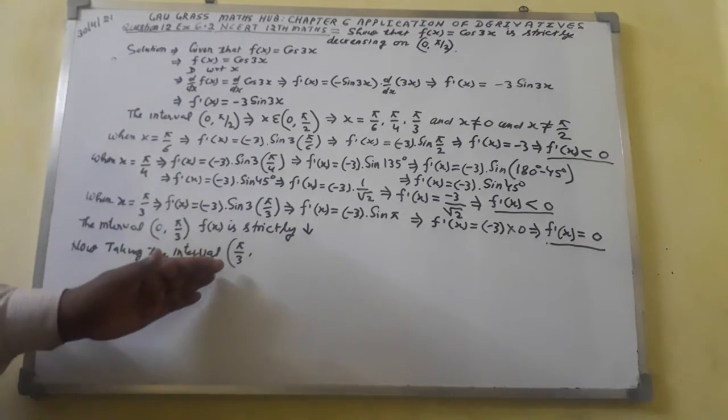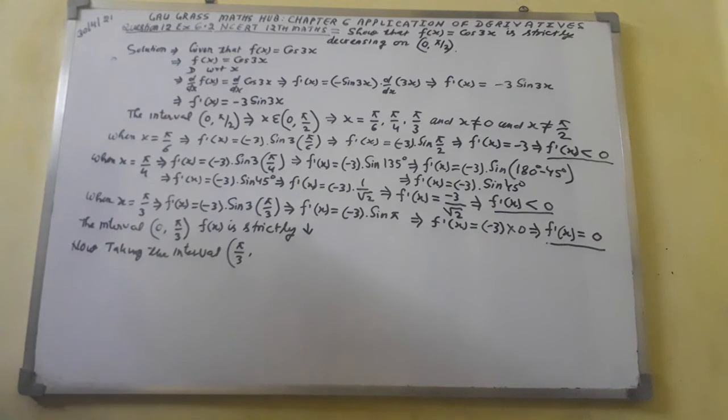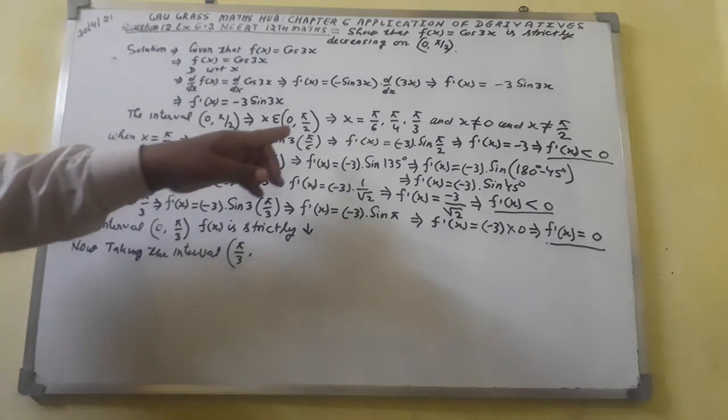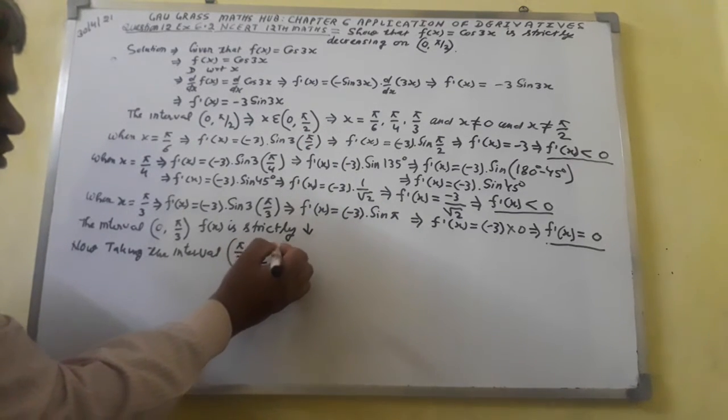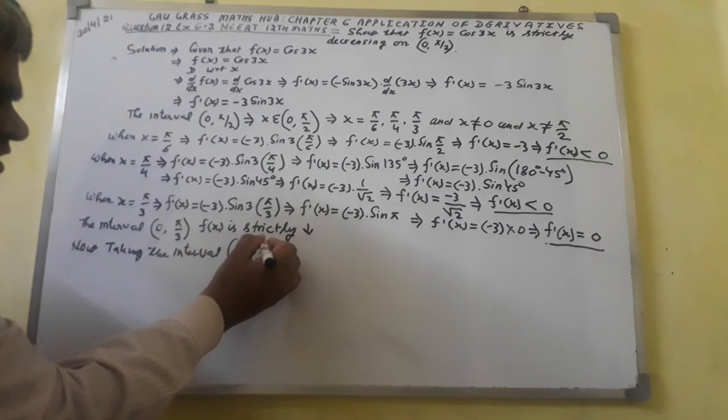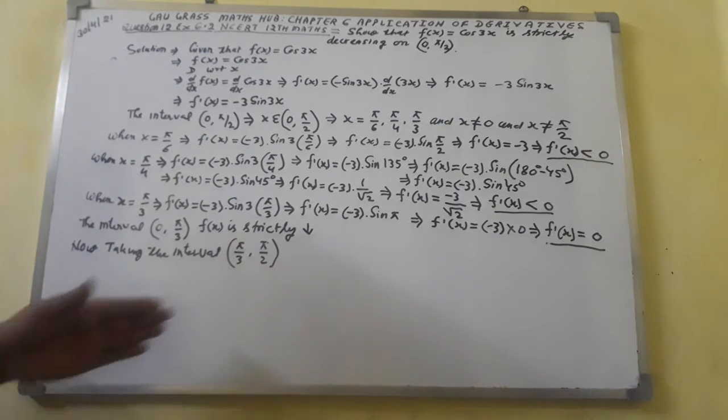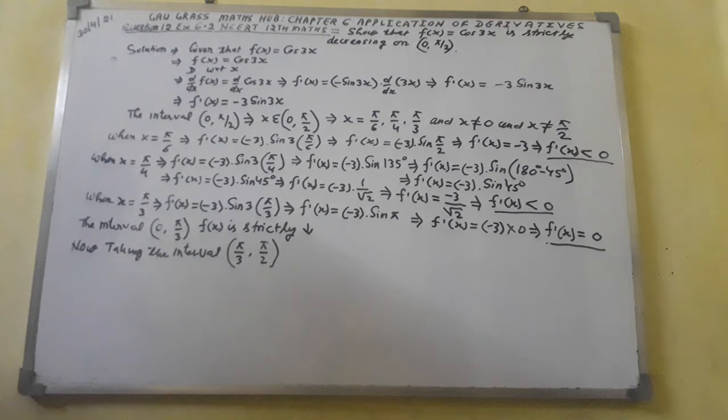So pi by 3 will not be taken into account. And up to I shall take pi by 2 open interval. You have to justify this interval I have taken.